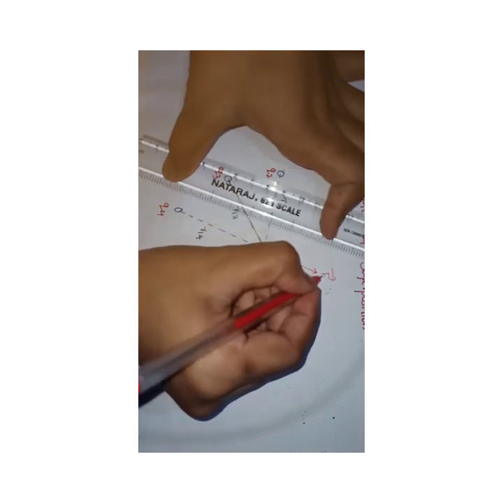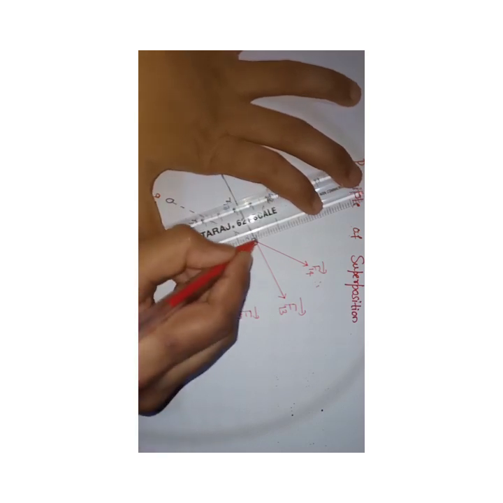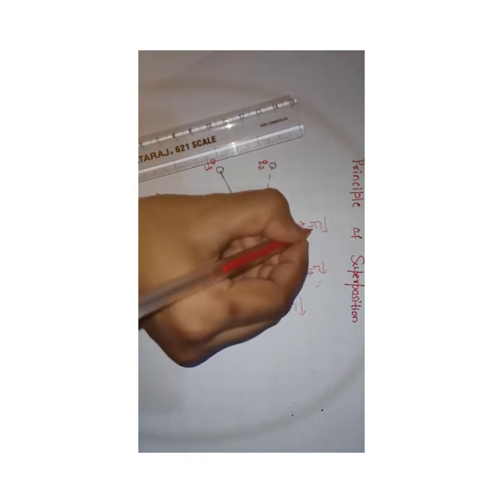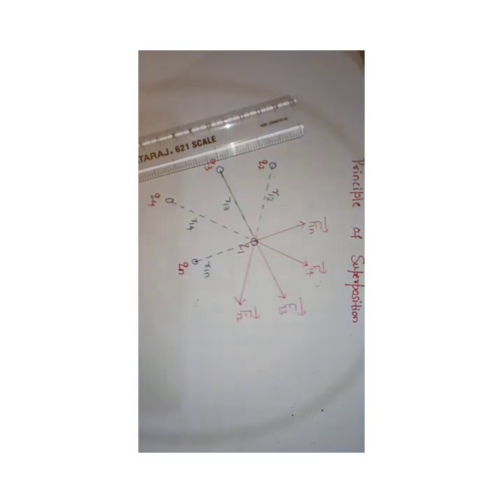Vector F14, right? Qn is exerting force on Q1 in this direction, so I'll name it as vector F1n. Hope you're understanding the direction of force now.